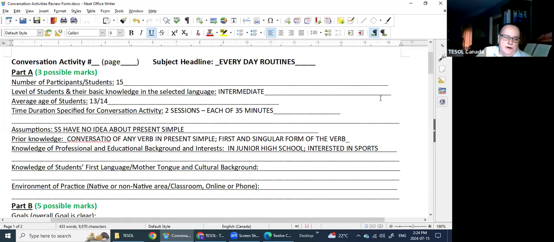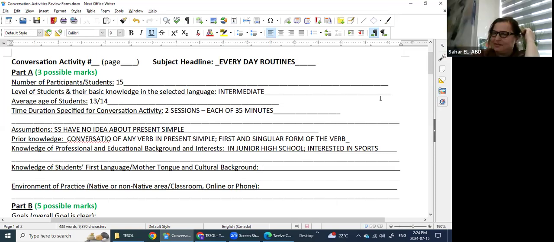So this is referring to the teacher's knowledge of the first language or mother tongue. Yes. Mine is Arabic. You can put Chinese.